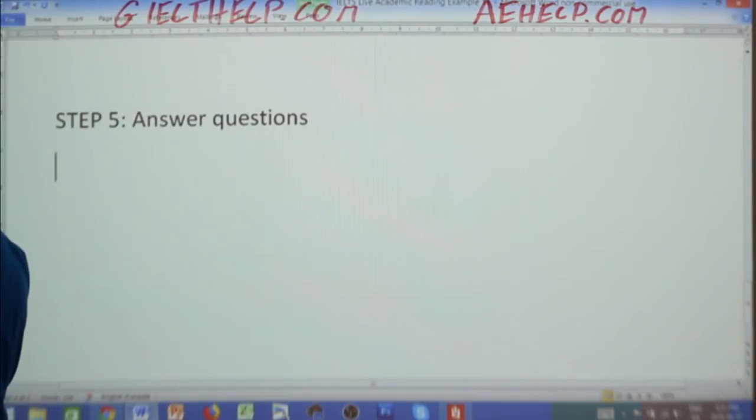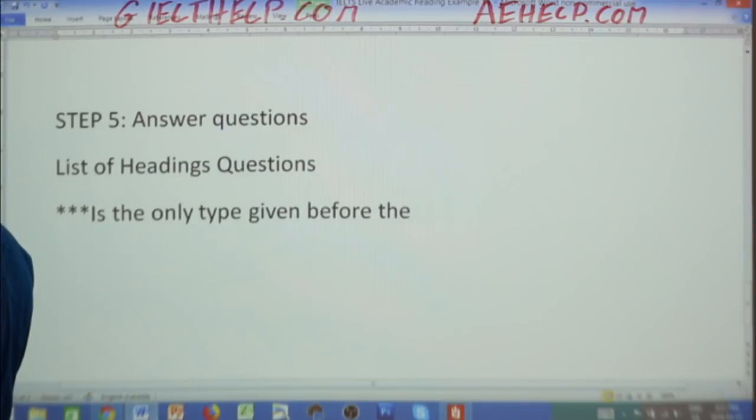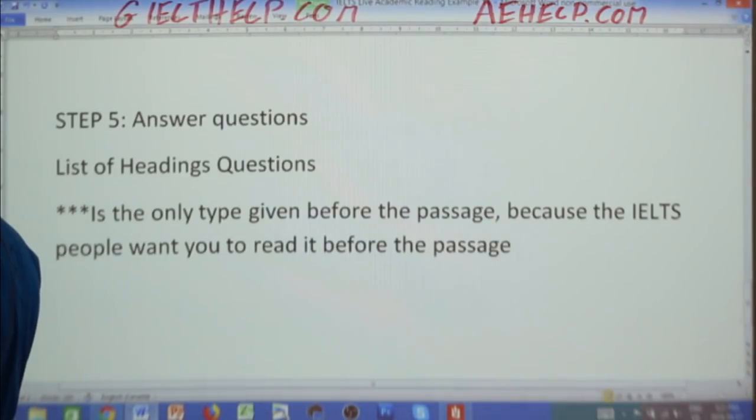So list of headings questions, keep these in mind. It is the only question given before the passage, because the IELTS people want you to read it before the passage and answer it as you read the passage.